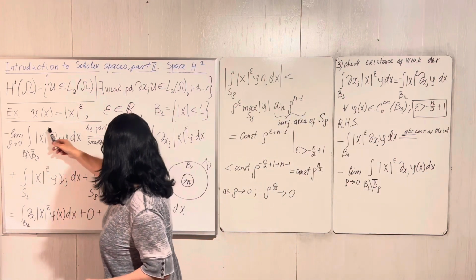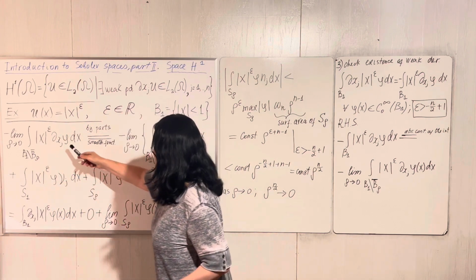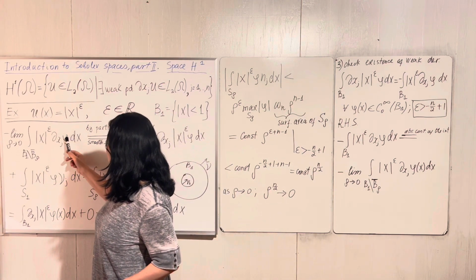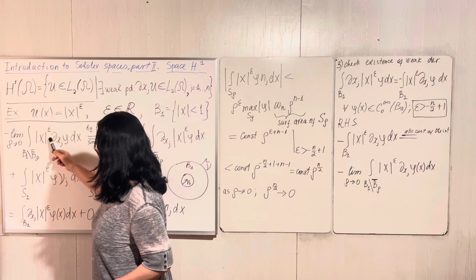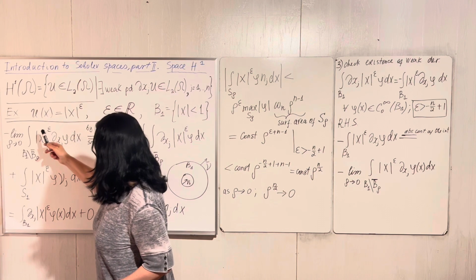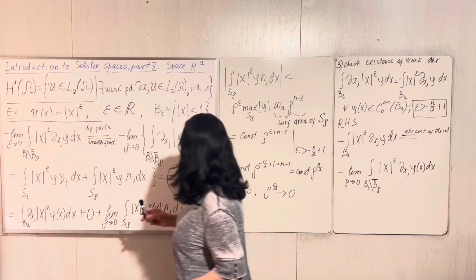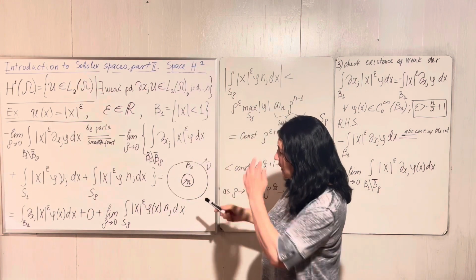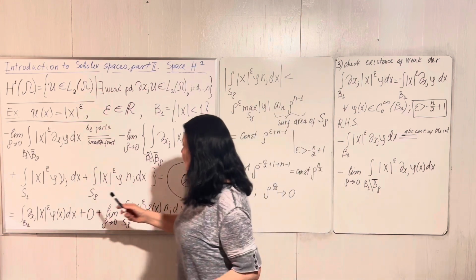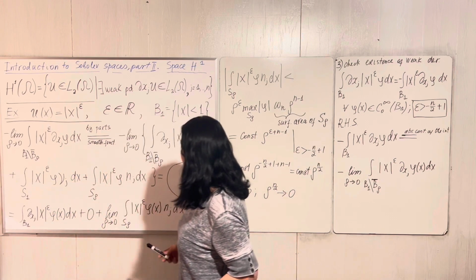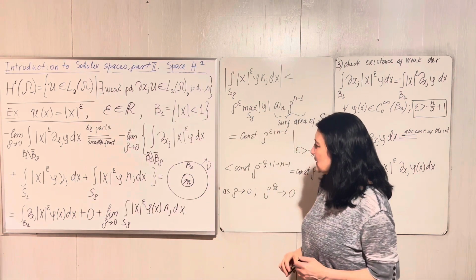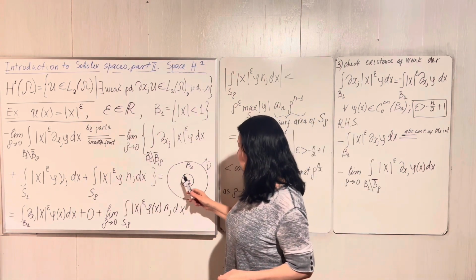So we're switching the derivative from phi to our function u, and we will also have two integrals over the boundary.